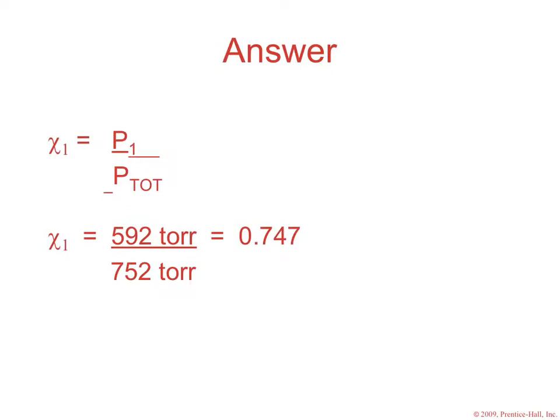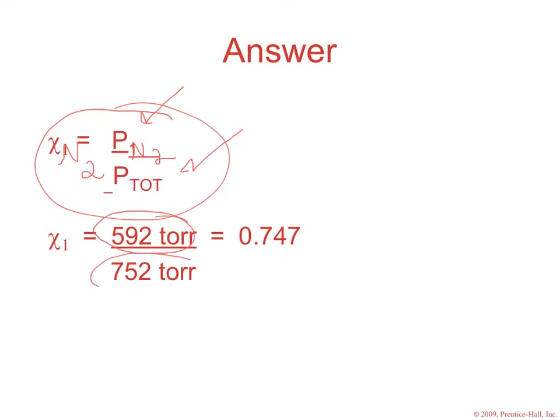All right, so we can get the mole fraction of nitrogen gas, and that's defined simply as the partial pressure of nitrogen divided by the total pressure of the gas mixture, and that was given to us. So the mole fraction of nitrogen is 0.747.